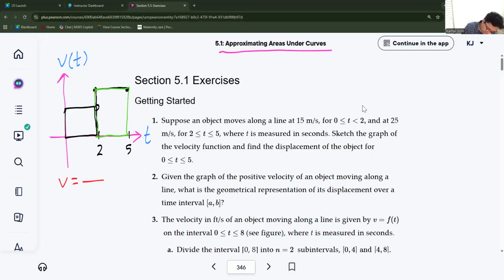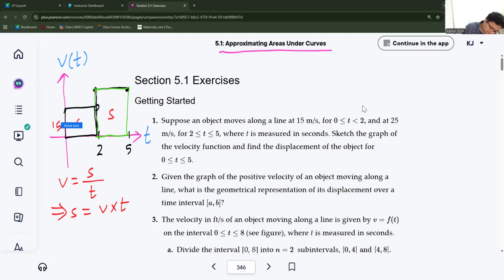Let me use the notation s, which is more common in physics: distance over time. So the distance is velocity times time, right? So that gives us the distance here, the area.